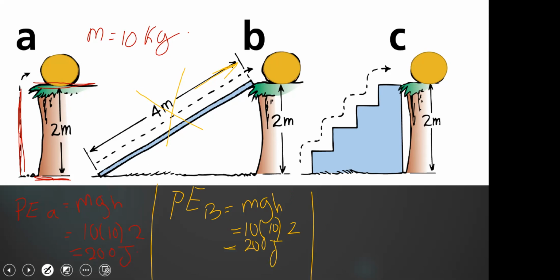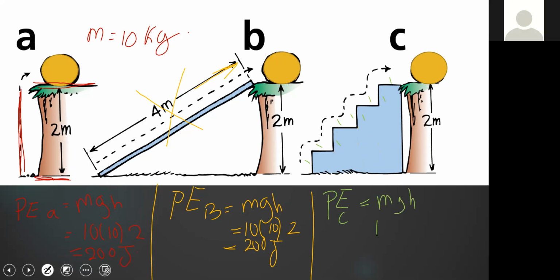Now look at the last one here. Imagine now that this is 1, this is 2, this is 3, this is 4, and so on. Now each step is 1. Now I want to find the potential energy at point C. I have to say mg times h, where m is 10, g is 10, and I need to find the height.